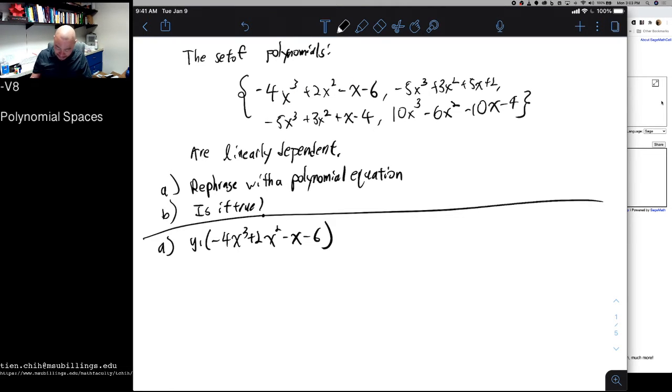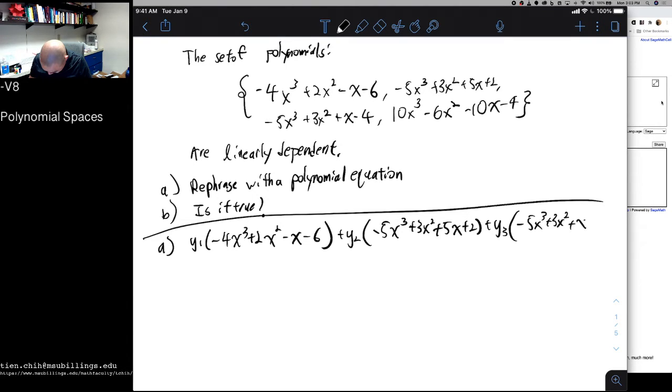So let's say y1, first polynomial, plus y2, second polynomial, plus y3, third polynomial, all of that should allegedly be able to be combined to be the last of these polynomials.